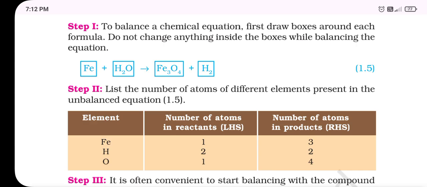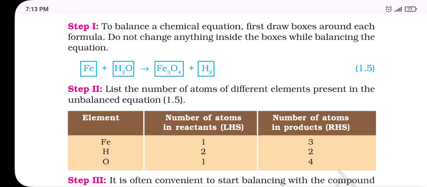Similarly, hydrogen is present in H2 form, because the form of hydrogen that exists in nature is very often H2. So that's why H2 is present in this example, Fe3O4 plus H2.